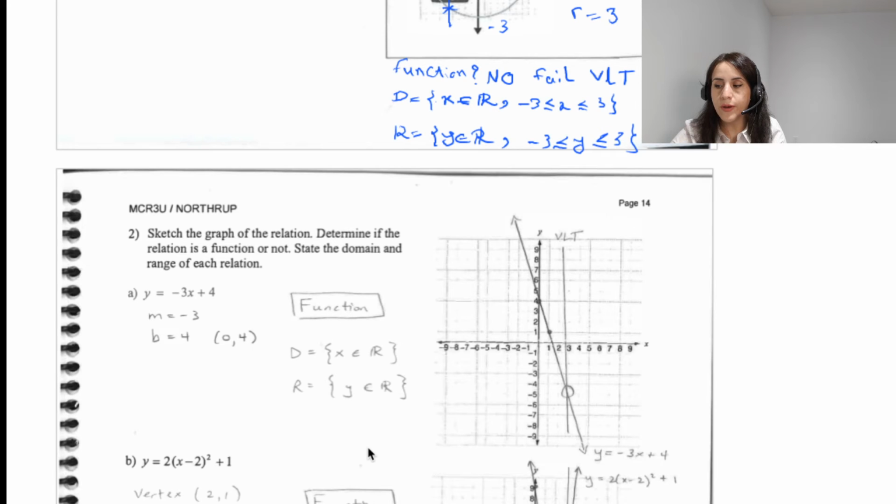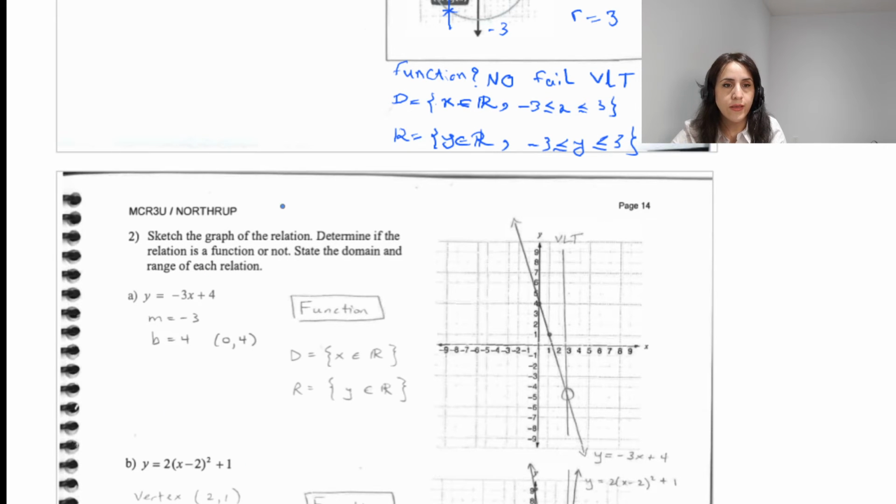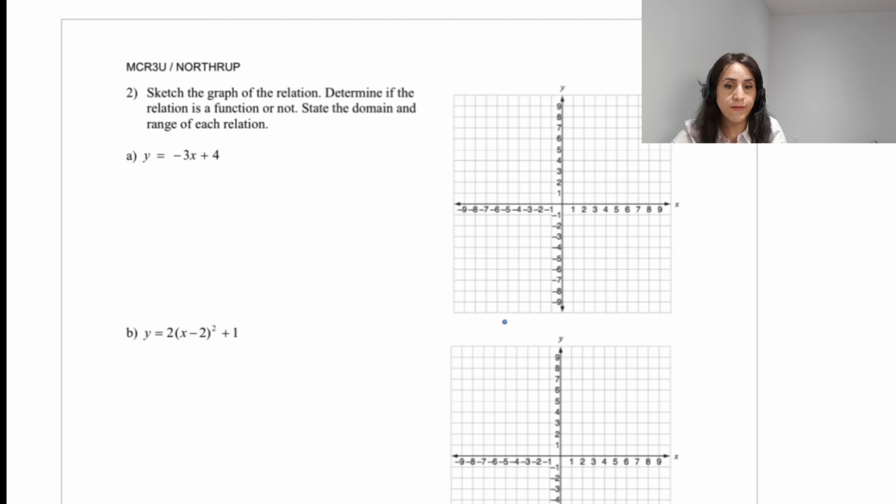2x minus 2 to the power of 2 plus 1. I'm just doing a rough graph here. You can say that's a parabola. This one is going to open upward, and I'm going to have a minimum at (2, 1).